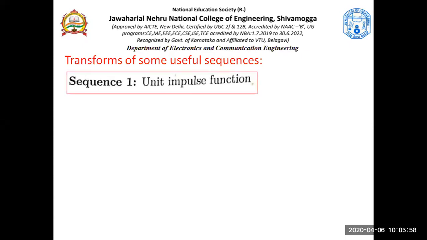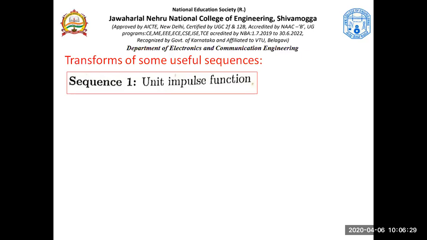The first sequence that we are taking is the unit impulse function. What is the unit impulse function? Remember that it is delta of t in continuous time and delta of n in discrete time. Delta of t is continuous in time and its amplitude is unbounded at t equal to 0. But in discrete time, delta of n is equal to 1 at n equal to 0.